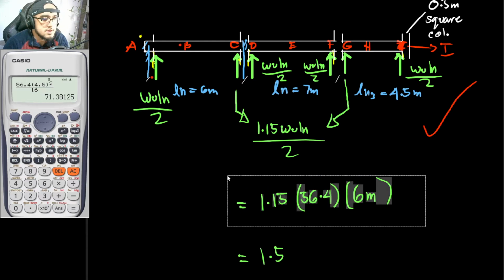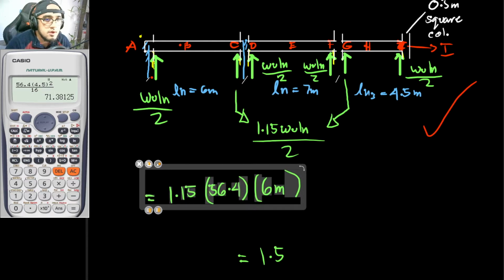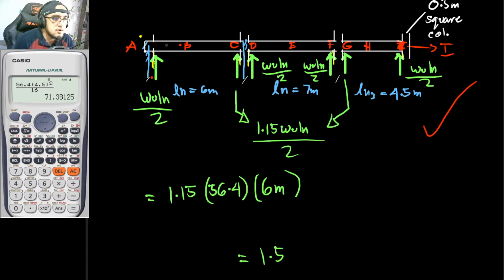So this is for WA sa part na to. WC. So ito, WC. Ito muna i-solve natin. For WC, this is to be 1.15 times 56.4 times 6 meters divided by 2. So ito, direct sub.